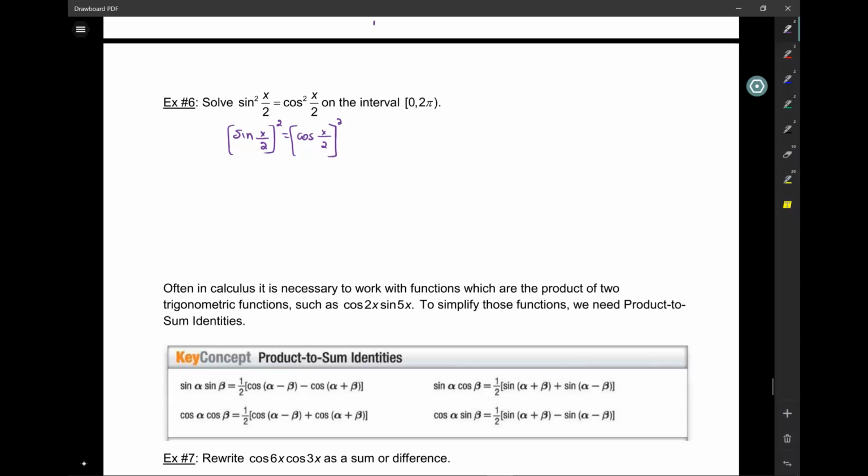And now, can I take a square root of both sides? Why not? And when you do that, you get sine of x over 2 equal to cosine of x over 2.